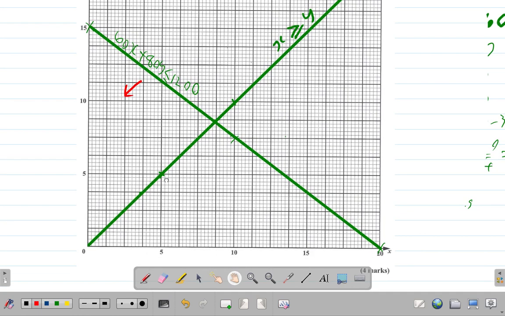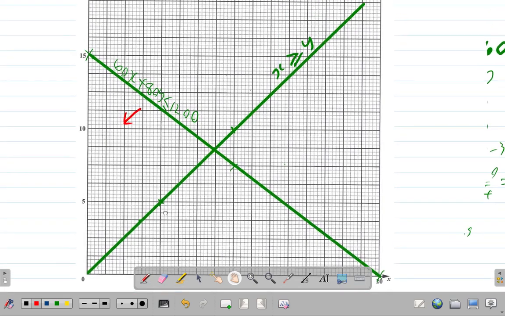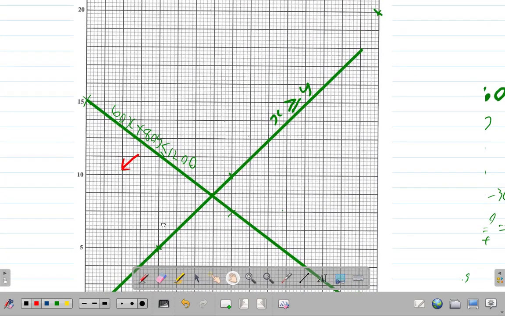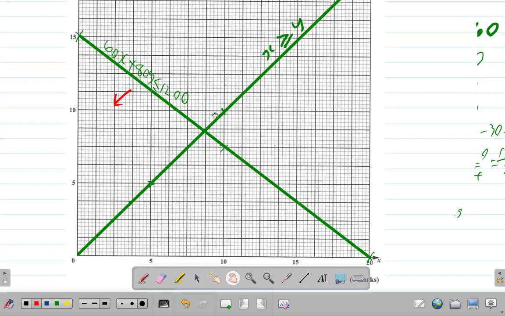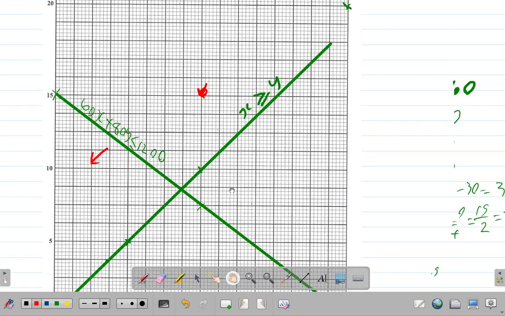We can try now. Let me see where 10 goes. Oh, yeah. Let's try 10, 15. 10, 15 would be right here. So let's try that and see if it satisfies that inequality.